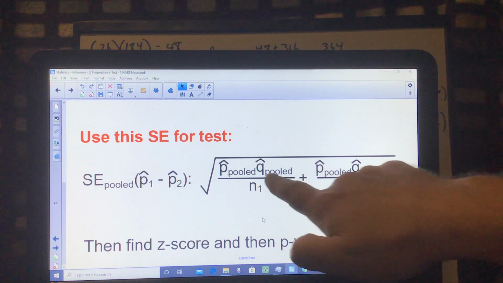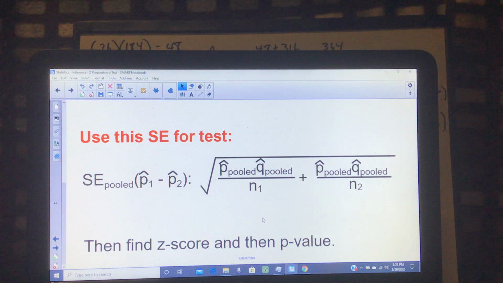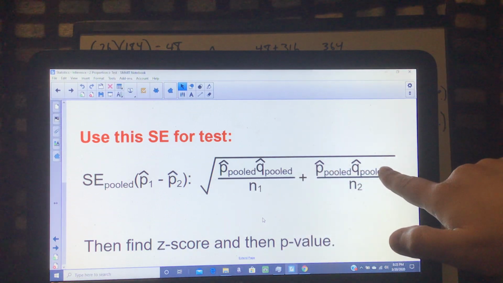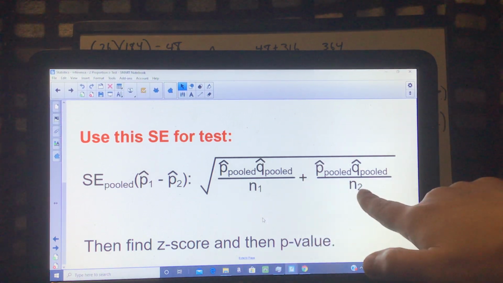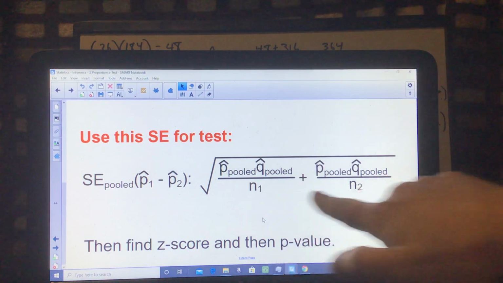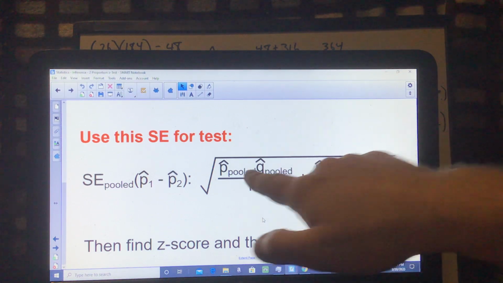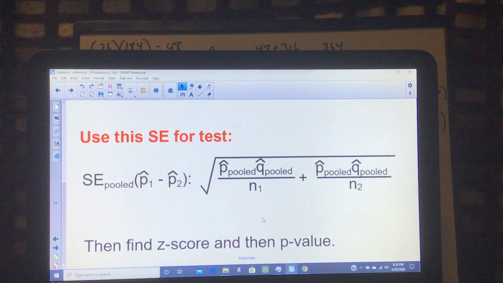Now, if I subtract from 1, I'll get the q hat pooled. So if I subtract from 1, I believe that's 0.634. I'm going to put 0.634 here and 0.634 here. Now, I still use the individual numbers. I still have 184 and 811 for my totals. But notice I'm not using the success rate of the young people and the success rate of the old people. I'm using the pooled number.